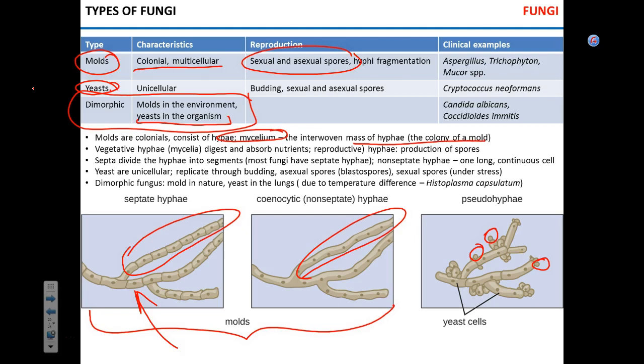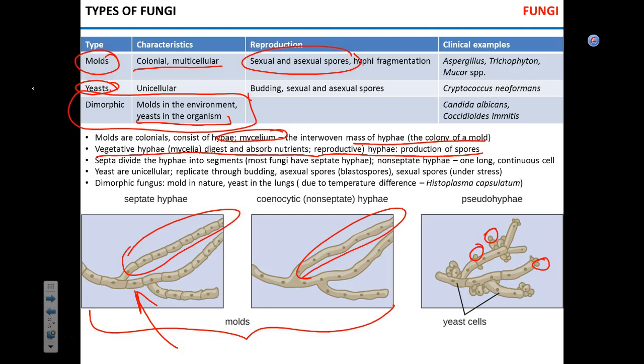Hyphae can be vegetative. If you look at the mold that grows on the bread, vegetative hyphae are in the bread. They produce exoenzymes that destroy the organics, so organic compounds can diffuse into the cells. And some hyphae are reproductive, so they produce spores. Okay.